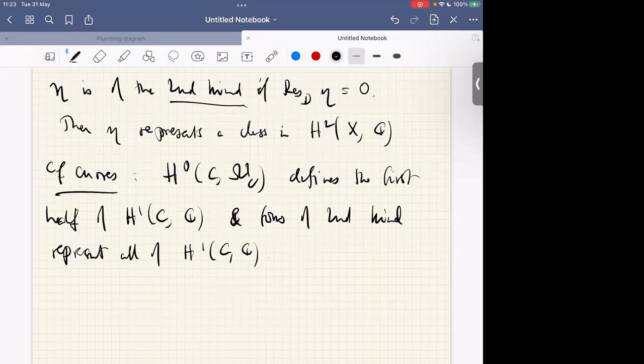So this is an additive description of the cohomology. This description is also multiplicative.